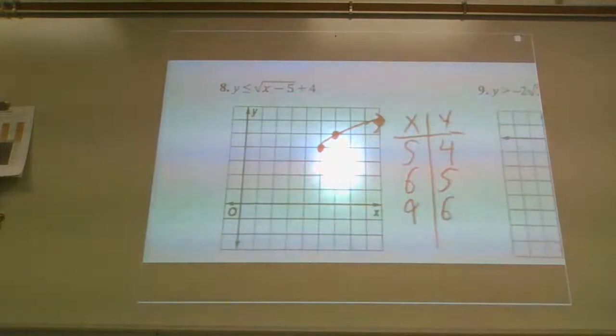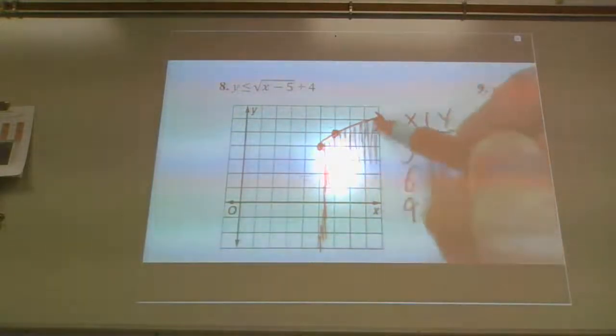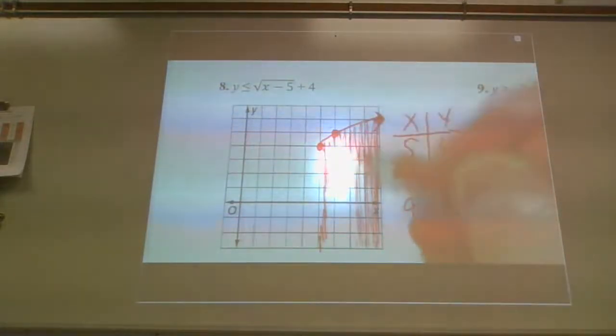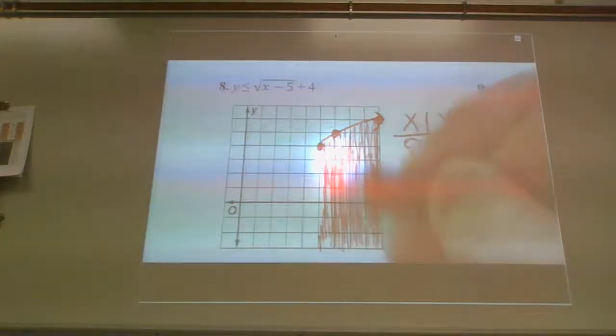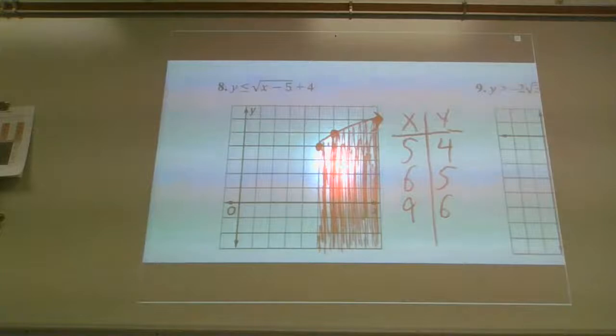Now, there actually is a difference between whether or not you have the or equal to or not. I'll get into those details another time. But for now, all that you have to worry about is this. Literally just shading in everything that's less than it. Oh, happy day.